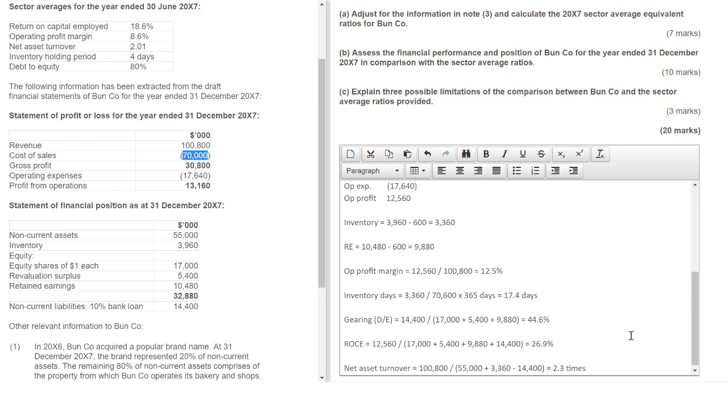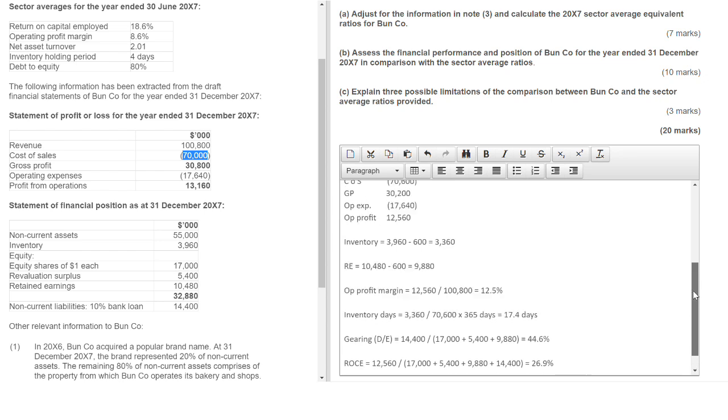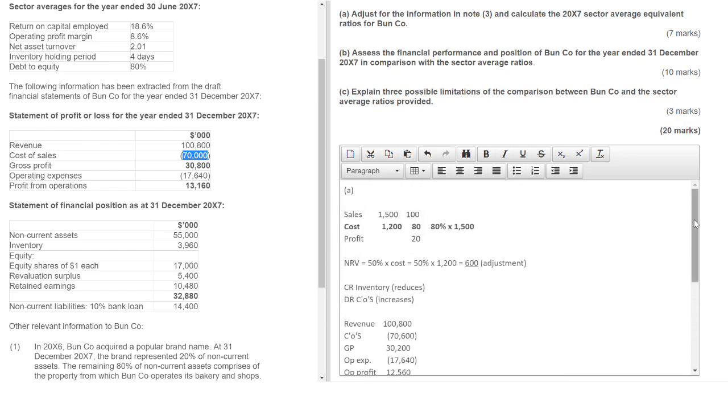So hopefully that goes through and helps you with just the calculations, particularly at the top in terms of what we've gone through and done. So what you've got there, remember, is that the goods should have been sold for 1.5 million. That would have given us a cost of 1.2 million based on a 20% gross profit margin. However, they were then sold for 50% of that cost. So 50% of the 1,200 is the 600 adjustment we need to process.